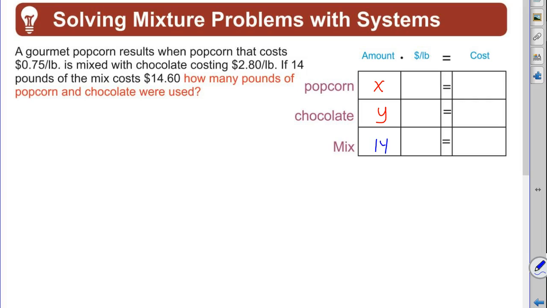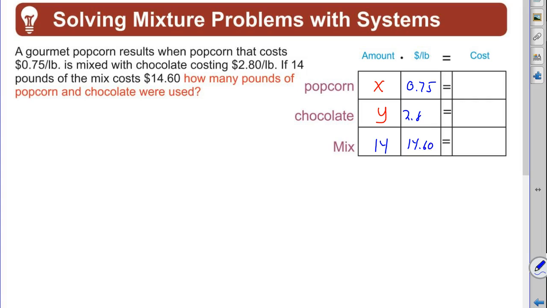Cost per pound, it gives us that. Popcorn, 75 cents per pound. And chocolate, $2.80 per pound. 2.8, right? You can put 2.80 if you want, don't need the 0 in the end. And the mix is $14.60.